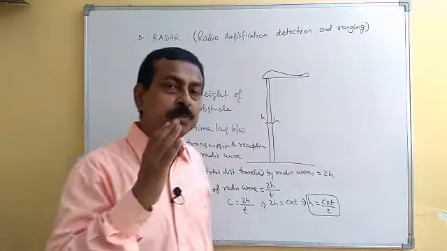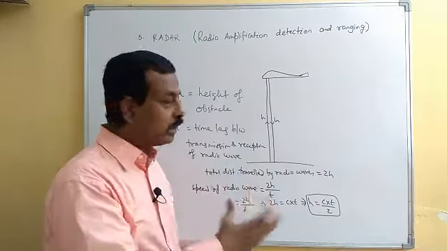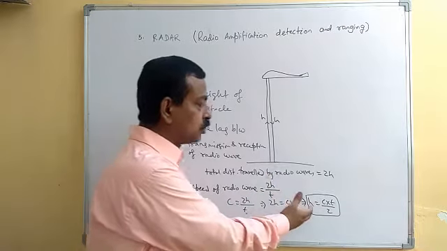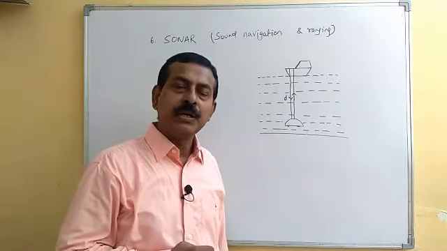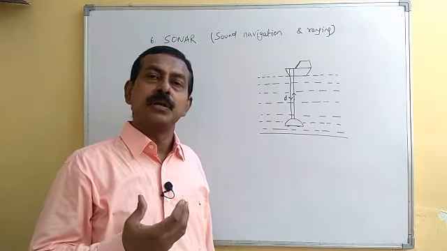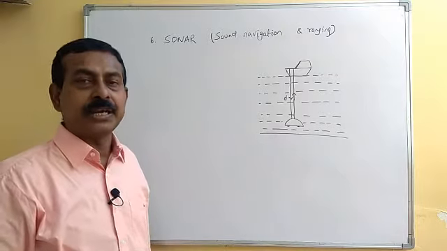But the basic principle behind the radar system is the echo principle, and we use this to measure the height of the obstacle. This is another one which is based on the echo principle: sonar, that is, sound navigation and ranging.